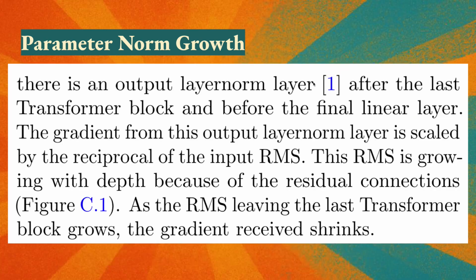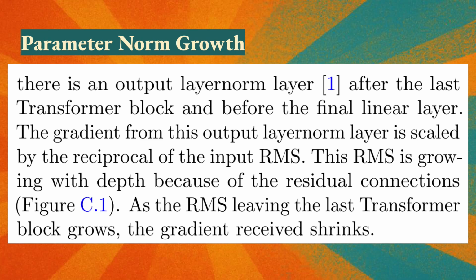Now, the other place where we see instability is the output logits, and that's happening for related but different reasons. There is an output layer norm layer after the last transformer block and before the final linear layer. The gradient from this output layer norm layer is scaled by the reciprocal of the input RMS. This RMS is growing with depth because of the residual connections.